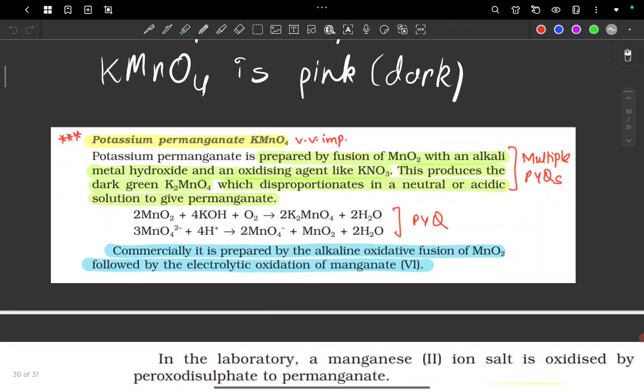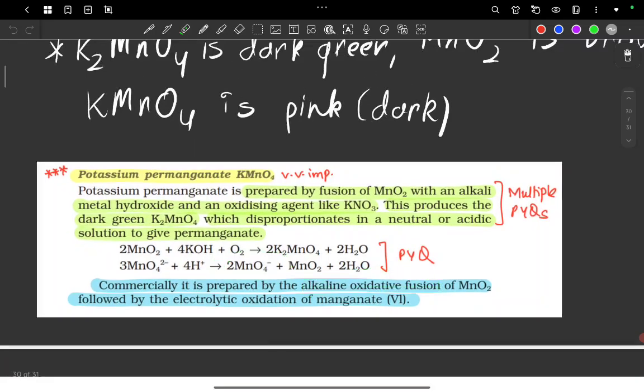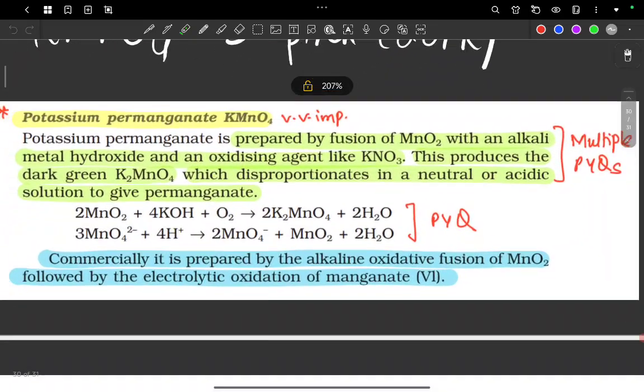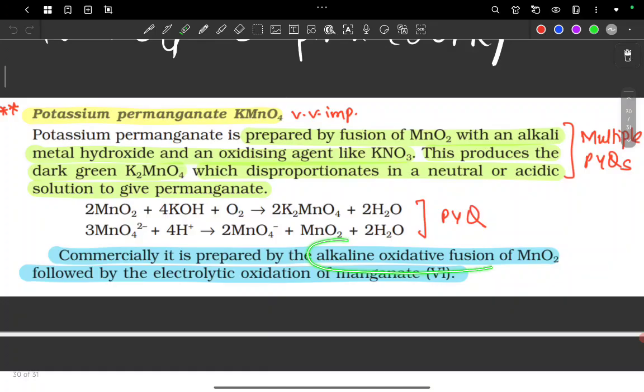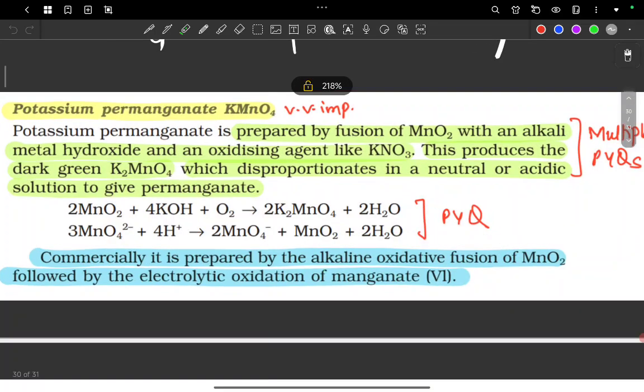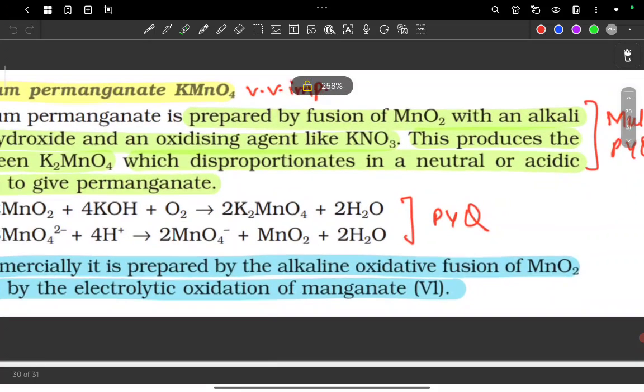Okay, but commercially, we make this by alkaline oxidative fusion. Now, what does this mean? Just remember the words alkaline oxidative fusion. If they're saying oxidative fusion and electrolytic oxidation, you can also do it in an alkaline medium.